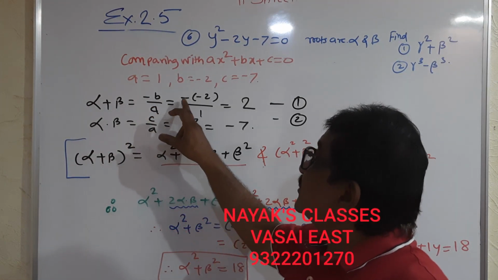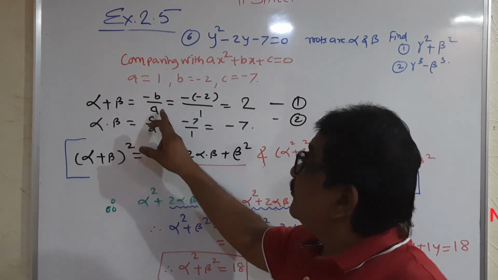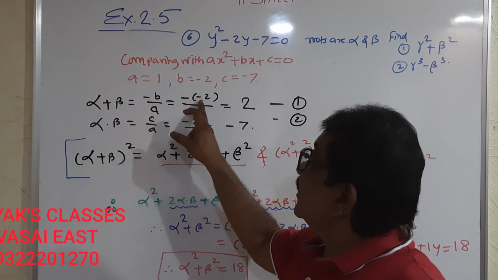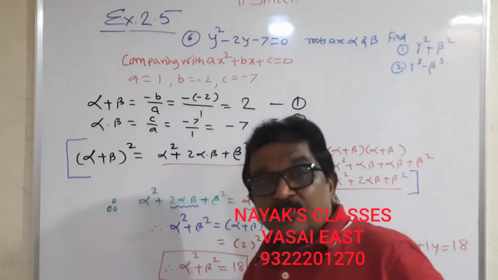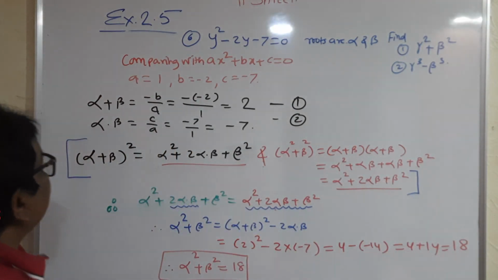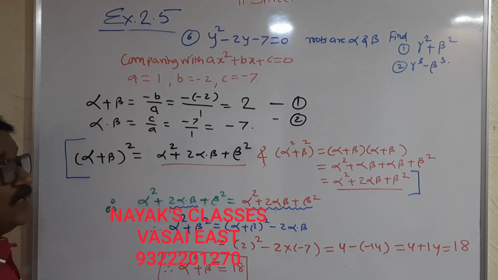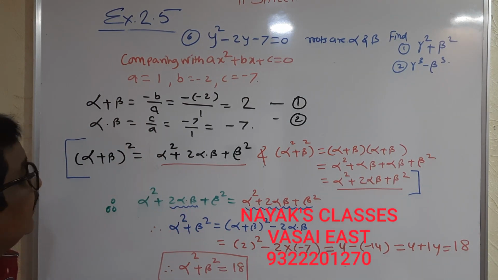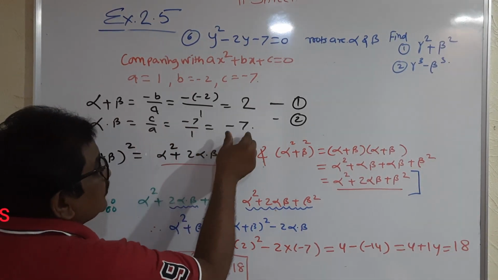So that is minus 2 upon 1, which is equal to 2. And then alpha into beta is equal to c upon a. C is minus 7 and a is 1. So minus 7 upon 1 is minus 7.